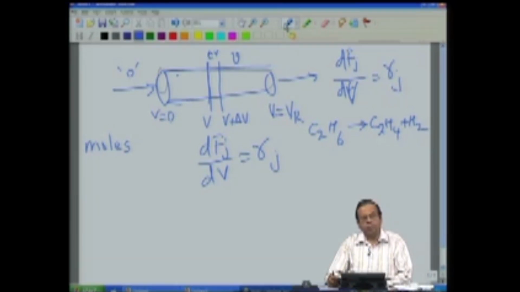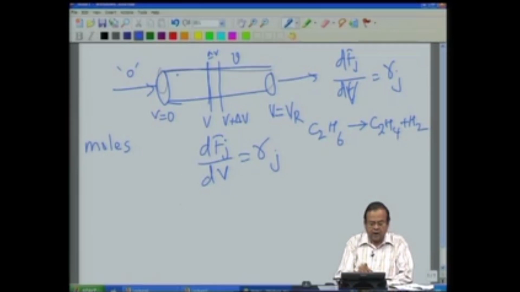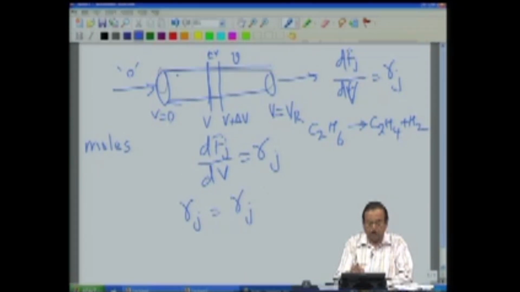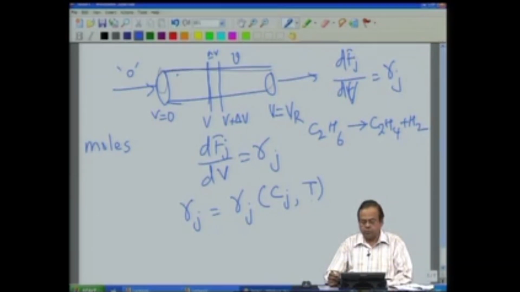If you remember our discussion on kinetics, we said that Rj is a function of concentration of the species and temperature.